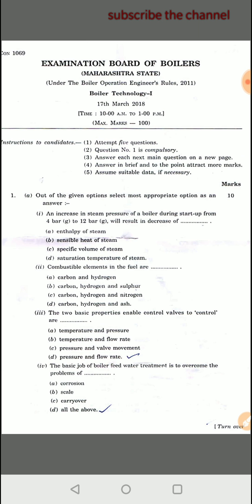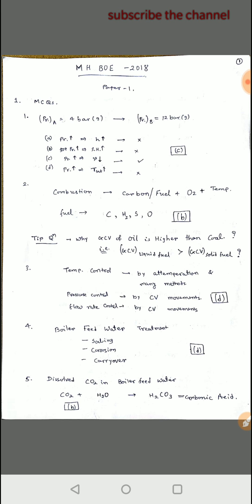Okay friends, question 4. The basic job of boiler feed water treatment is to overcome the problems of A. corrosion, B. scale, C. carryover, and D. all of the above. We all know that boiler feed water treatment is done for scaling, corrosion, and carryover.